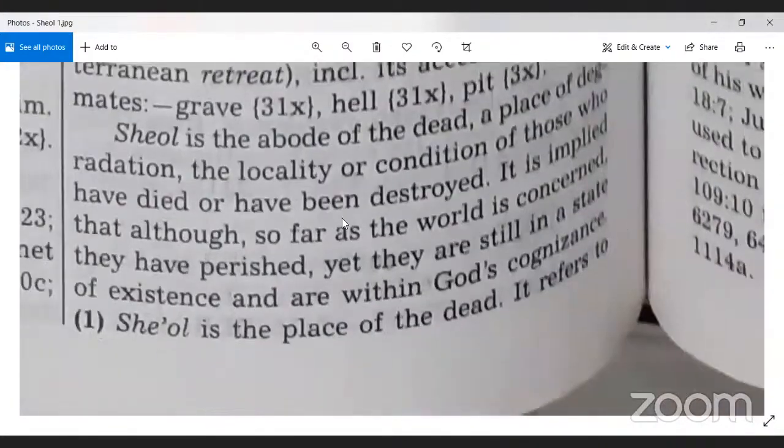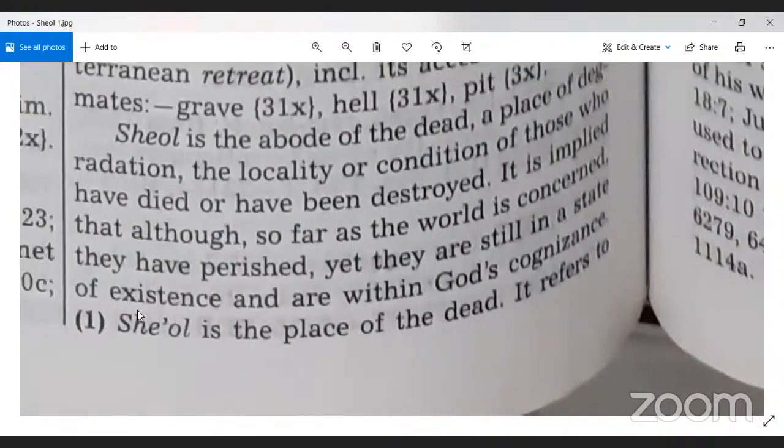Remember right here, they are still in a state of existence. So existence is consciousness. Some people will argue, yeah, but they can't plan and they can't think. Well, okay, so what is consciousness? As a matter of fact, let's look that up, and then we'll be just about ready to finish, okay?